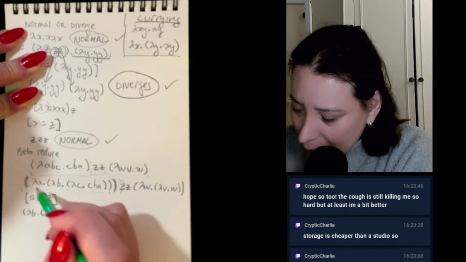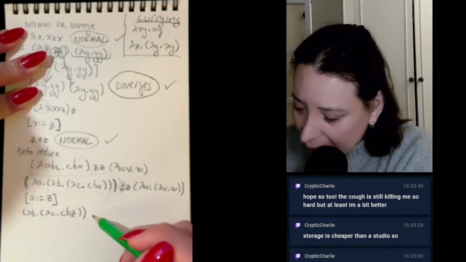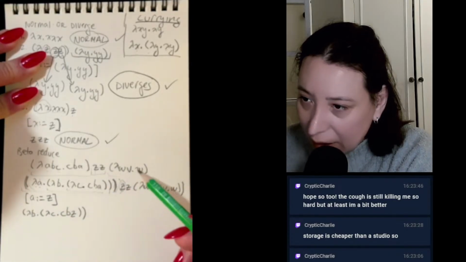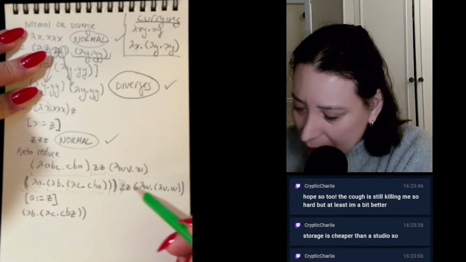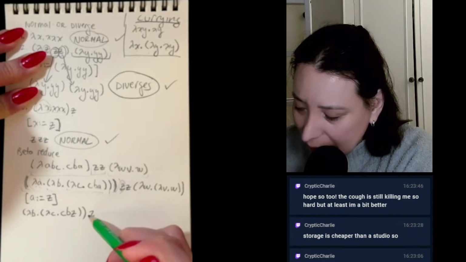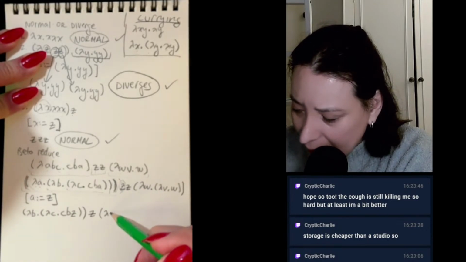We got rid of this parentheses here, so now we have only two parentheses. We got rid of this Z because we used it as an argument, so we have one Z left. And this function, we've done nothing with it yet, so we just carry it over.